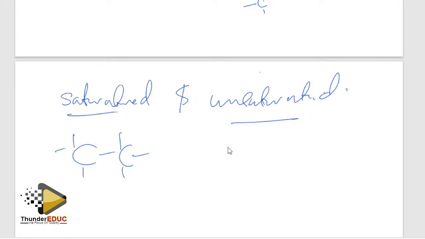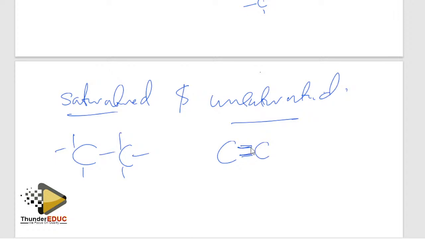What about unsaturated compounds? These are compounds which have double or triple bond between carbon atoms. Don't say double or triple bond without saying between 2 carbon atoms.